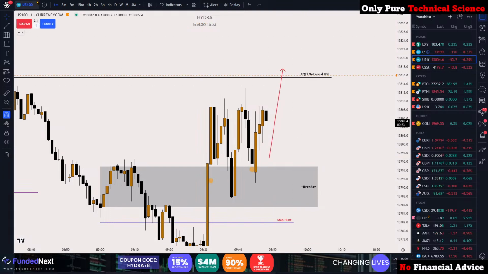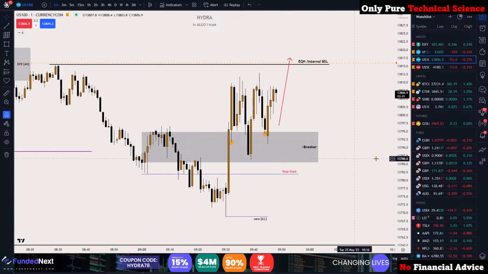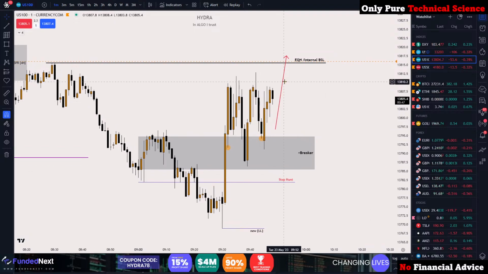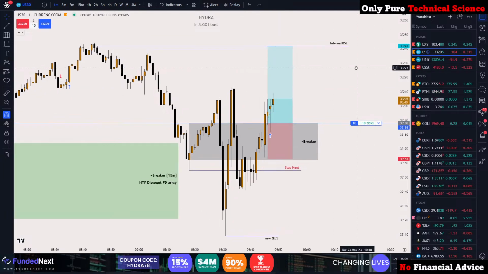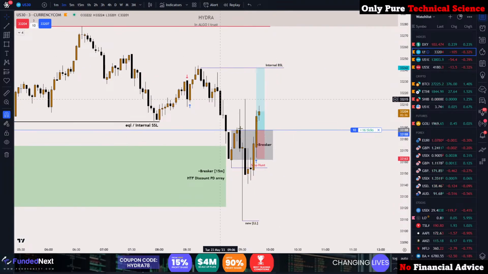US100, beautiful delivery, still delivering towards the buy side from this breaker block, but with a lot of choppiness. That's what I don't like to see in a clean day. But anyway, it's happening. And a partial, I'll take a partial in this fair value gap because I'm not trusting this price action here.